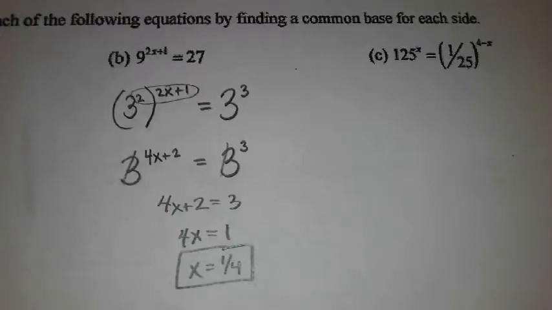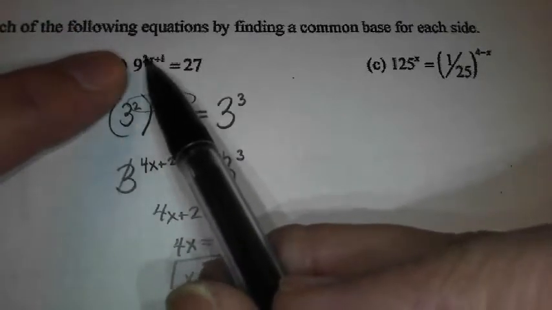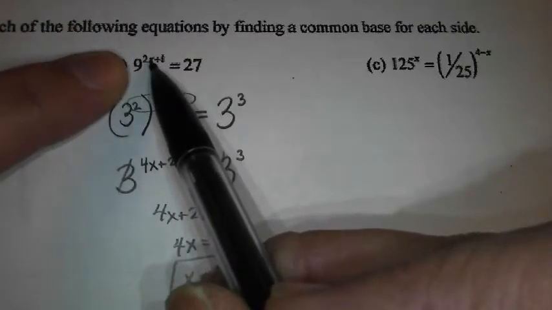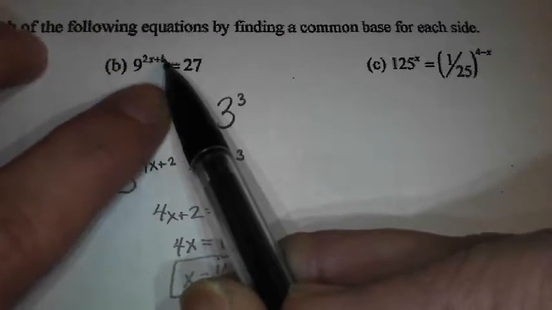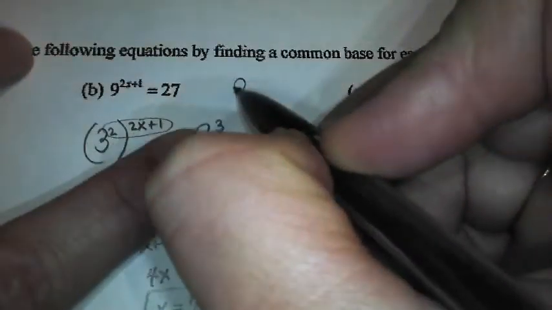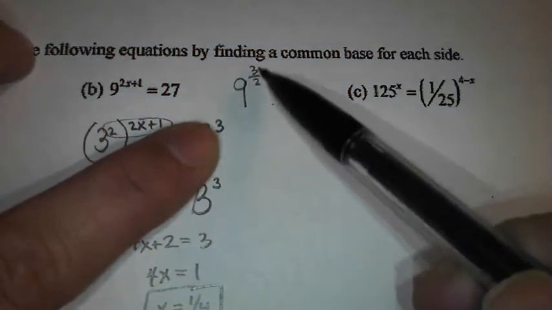Good? Now, just out of curiosity, if I plug in 1/4, what's 2 times a fourth? A half. A half plus 1 is 1 1/2, which is the same thing as 3 halves, right? Just a weird connection to make. Remember our exponent fraction rules.